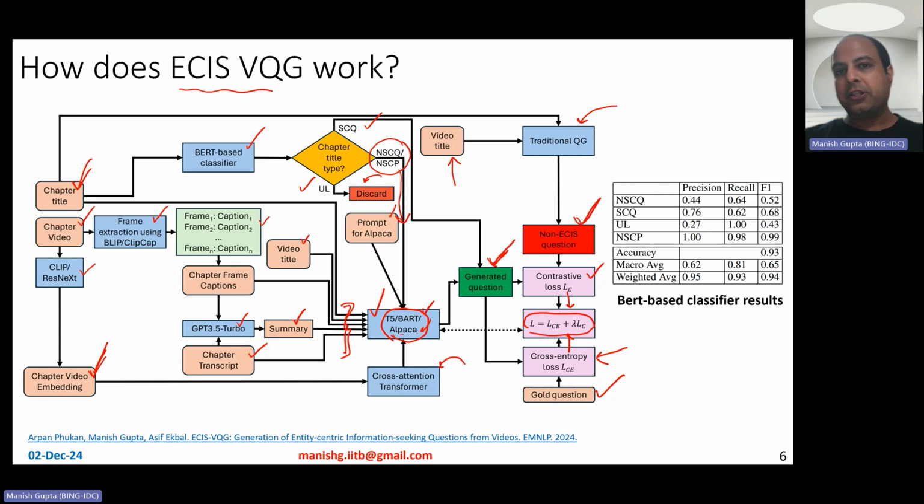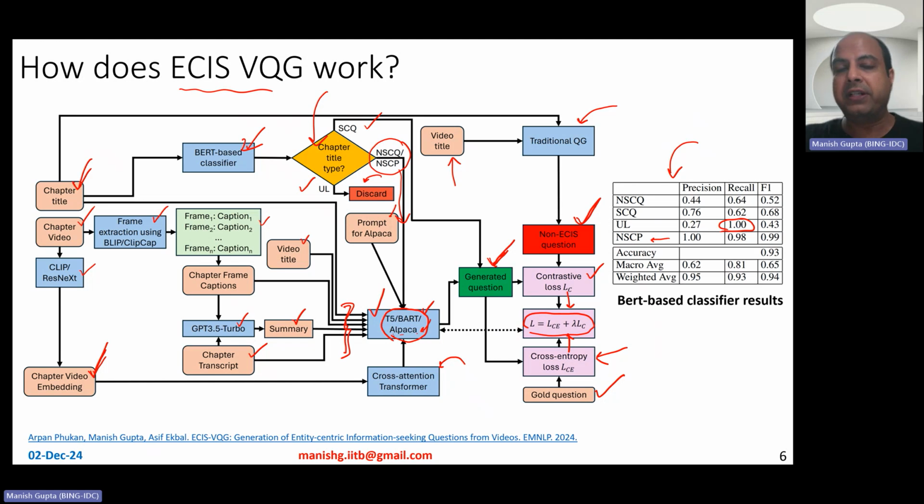Okay. So now this particular module that you see here, the chapter title classifier, the BERT-based classifier model, these are the metrics for the BERT-based classifier model. As you can observe, it has a pretty good precision for the non-self-complete phrases. For useless questions, well, the recall is 1, which is very important because you don't really want to generate questions from useless chapter titles.